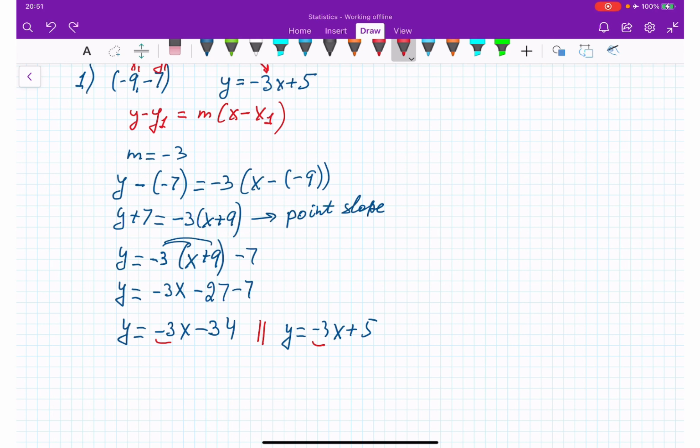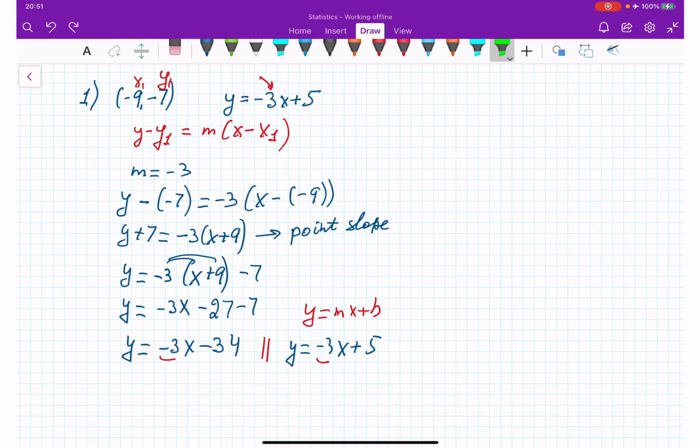No, it has to be the format y equals mx plus b, which is this one and this one. You have to bring it to mx plus b before you consider the slope. Okay, so -3, -3, in both equations the slope is the same. That's why these graphs are running parallel. And the graph of the equation -3x minus 34 runs through the point (-9, -7).